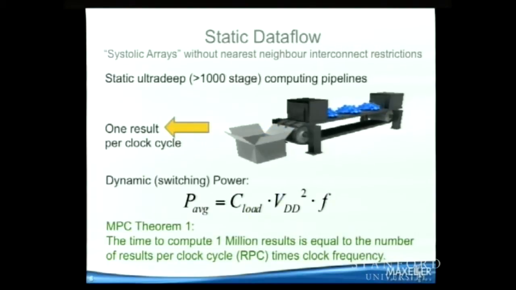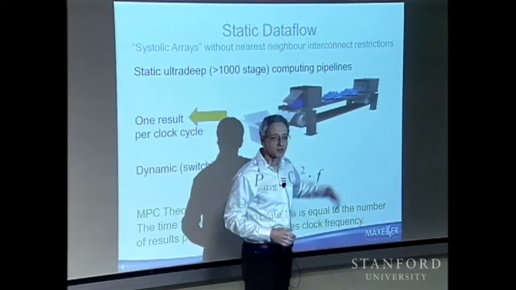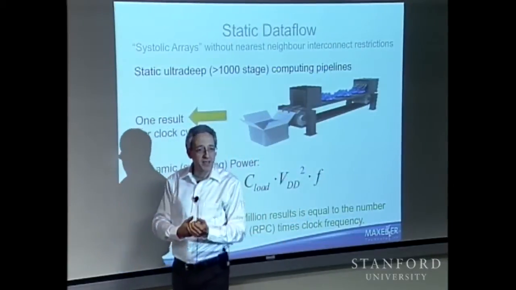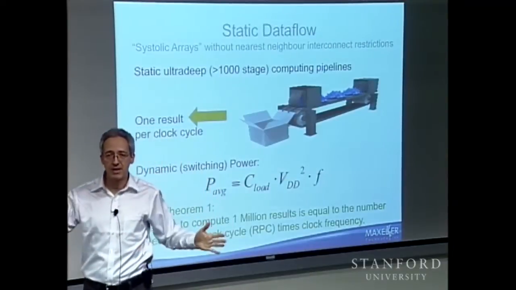Right? So you have the clock frequency as it plops through. This is the number of results you're going to get. So you can compute how long it will take to process, let's say, 1 million numbers. What this also means is that it doesn't depend on the number of operations that you have in here. So the computation time, the time it takes to compute, now only depends on the amount of data.